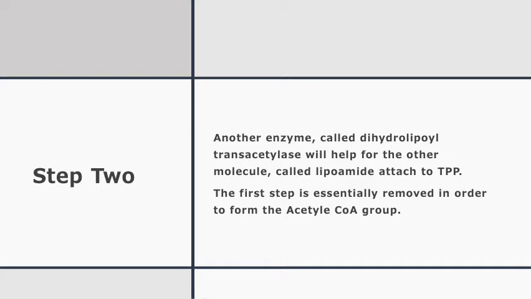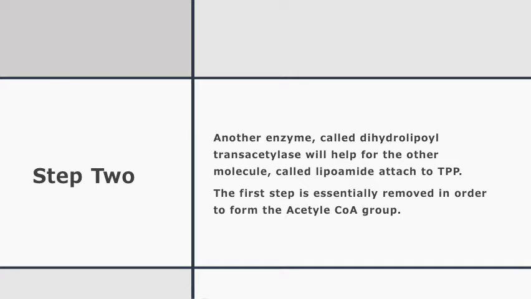Alright, now we have step number 2. In step number 2, another enzyme is going to come in here. This is called the dihydrolipoyl transacetylase. That should sound familiar from a couple slides ago when I was showing you those different enzymes that are used in this complex for that conversion.